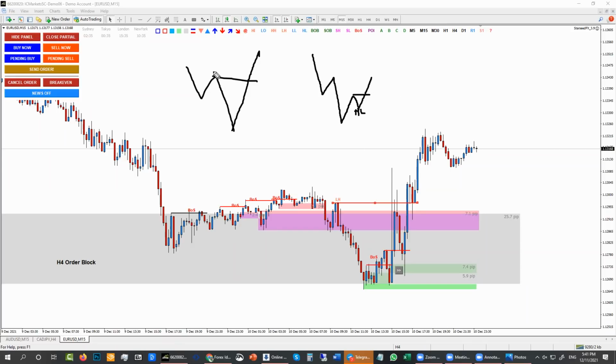So it is not always a lower high, then a lower low, and then a higher high. Sometimes it creates a lower high, a lower low, and then here you will see this probably as a lower high, and then it's broken, but this is not a lower low, it's already become a higher low.